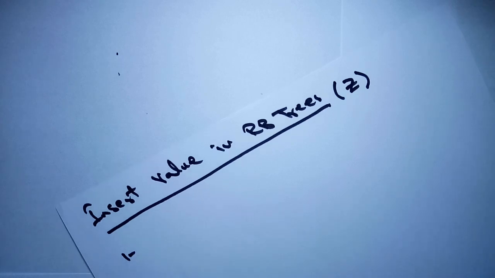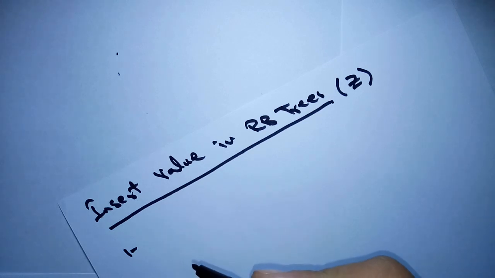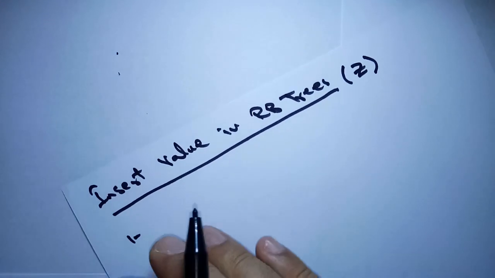If the node that you are going to insert is the first node, that means the root node, you just need to recolor it. Since it is a new node the color will be red, but you need to change it to black, since it is the root node.